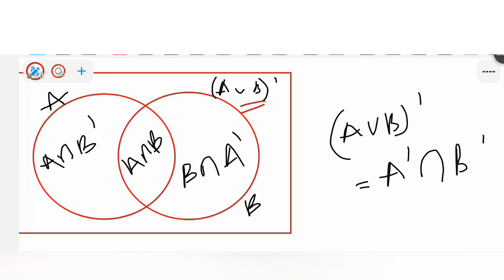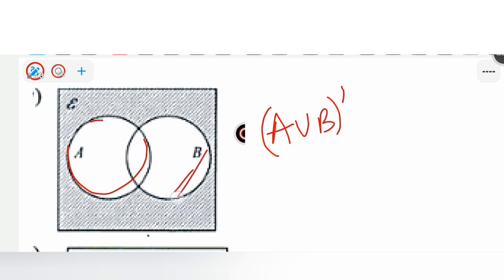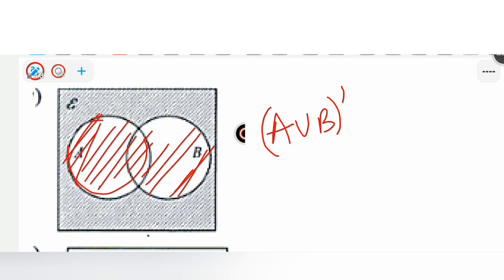That's what was shaded. So that means the answer to that question is A union B, cover it like this, complement. If you shade only this part, that is A union B. But since you are cutting it out, you're not involving it at all, then it has to be prime.